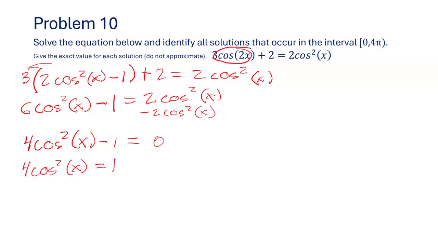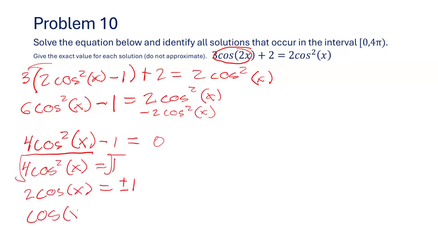I want to get rid of this squared, so I'm going to square root everything to get 2 cosine of x equals plus or minus 1. Then divide everything by 2. Cosine of x equals plus or minus 1/2.